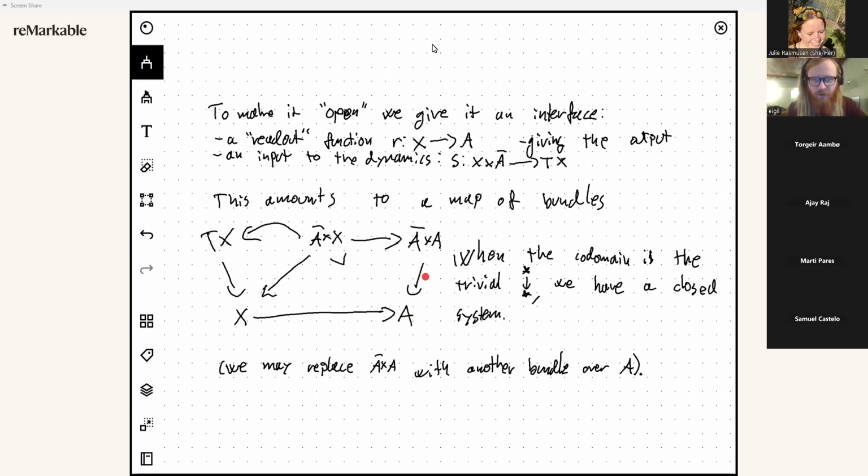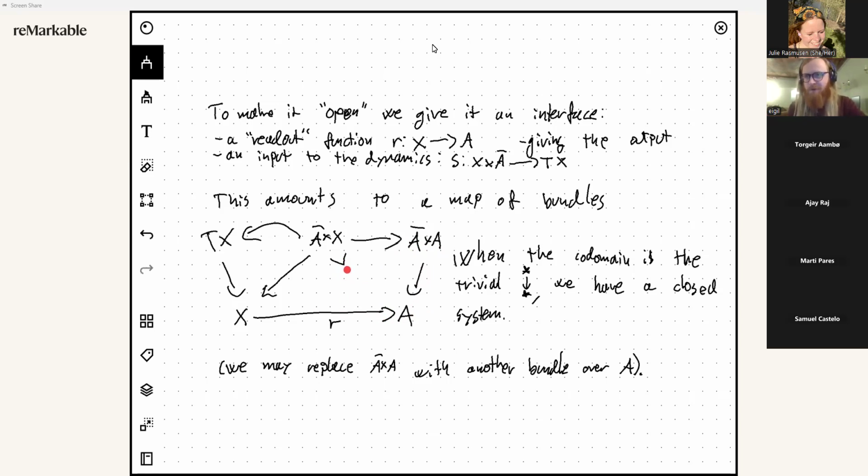Okay, so I have this on the right side here: just the trivial bundle, a bar times a over a. So all the fibers are a bar, and this is a trivial fiber bundle. Then I have the readout map from x to a. And I can form the pullback of a trivial bundle by this map.